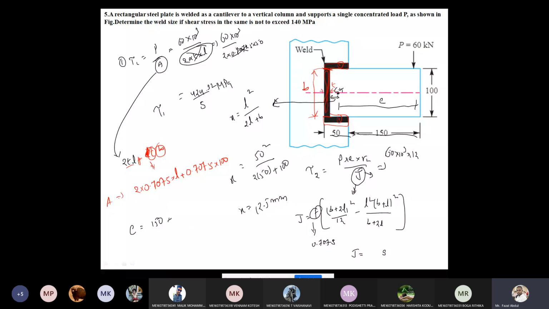So 150 plus 50, minus, from here to here we have to subtract. This distance is known as X. How much did we get for X? 12.5. So 200 minus 12.5, how much? 187.5. This is the eccentricity value.